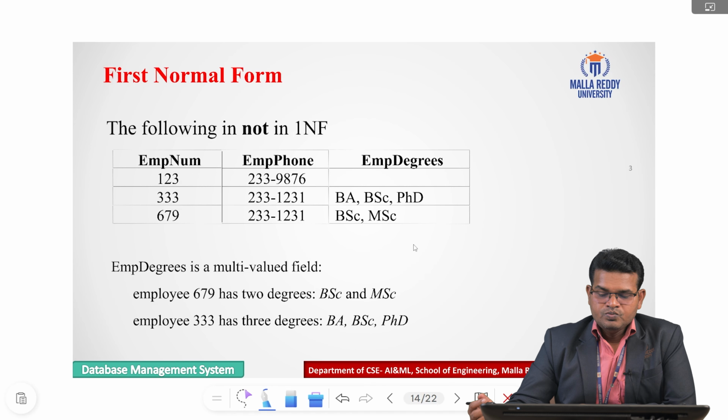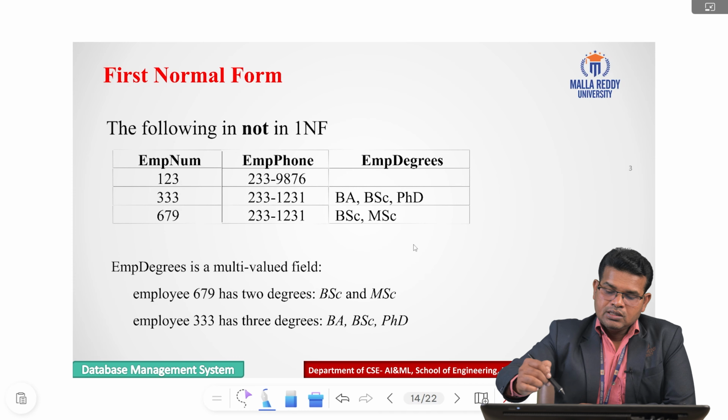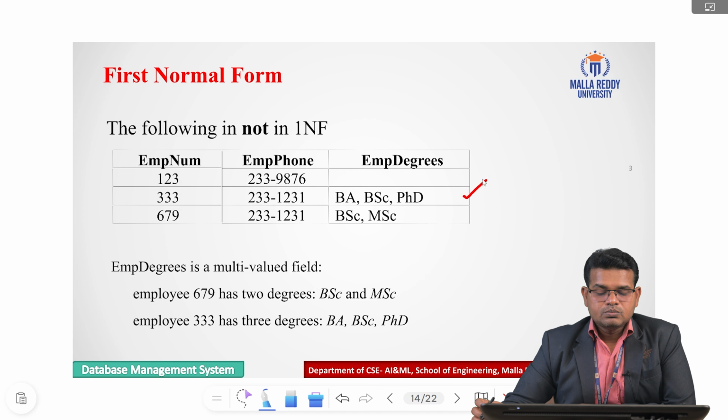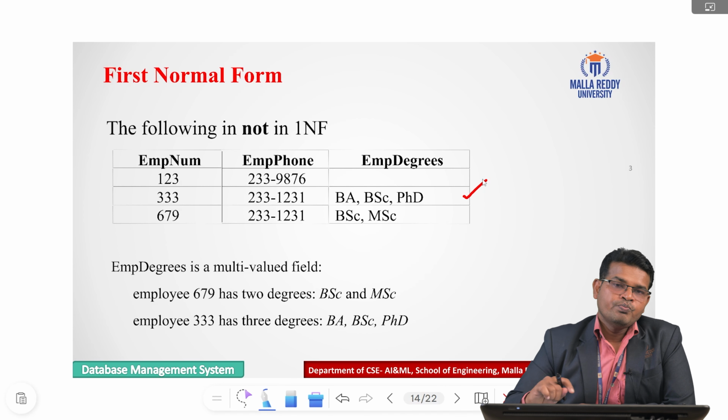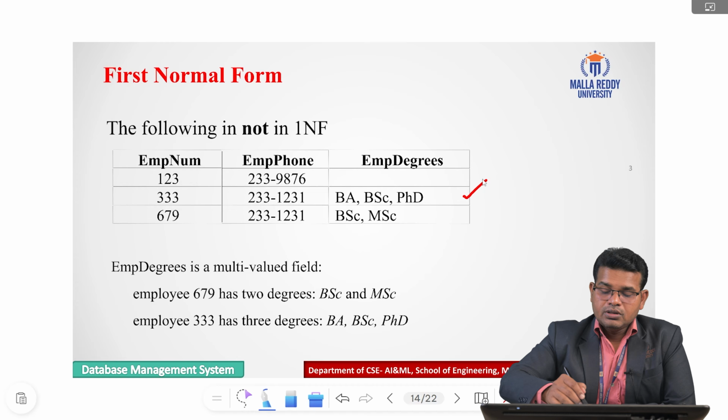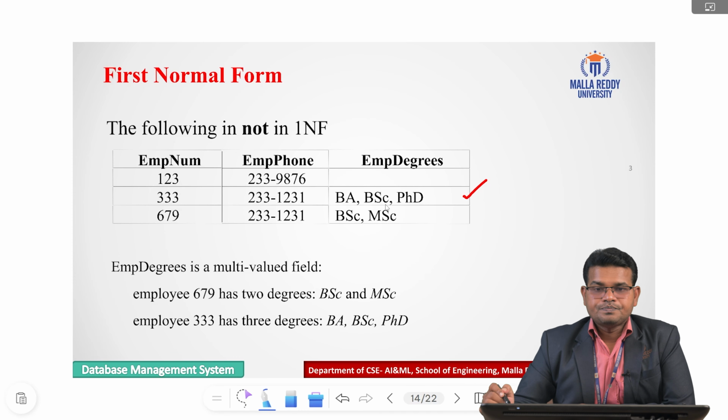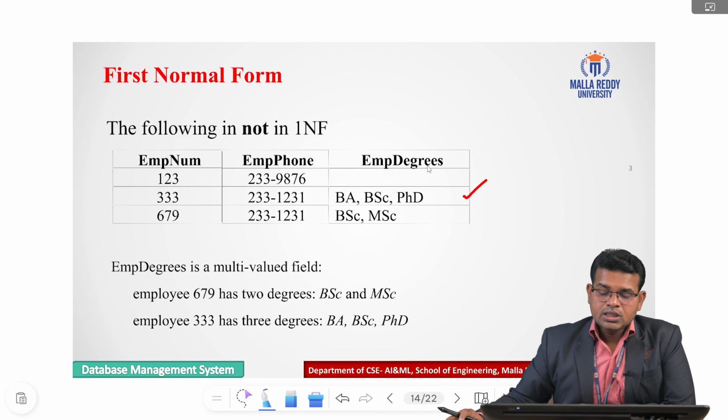Now, coming to the employee degree, one can have many degrees, multiple degrees. In that case, when we write tables manually, we can write like this. But when we enter these values into a database management system, it will not allow us to enter the values separated by comma.